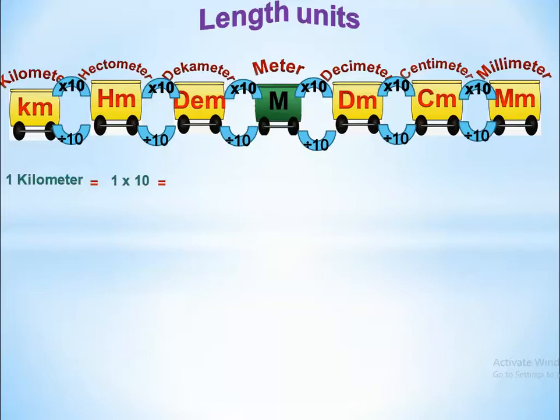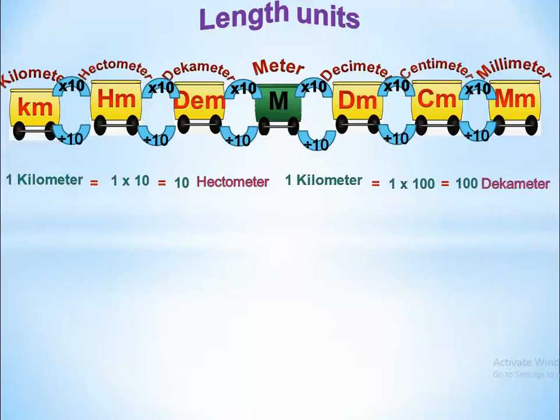But 1 kilometer equal how many decameter? Okay, so we are going to look at kilometer and count how many zeros from kilometer to decameter. We have 2 zeros, so we are going to multiply by 100. 1 kilometer equal 1 times 100 equal 100 decameter.